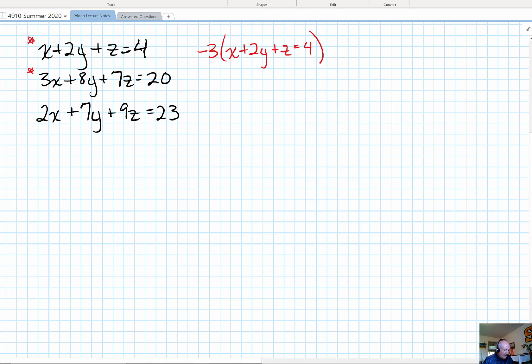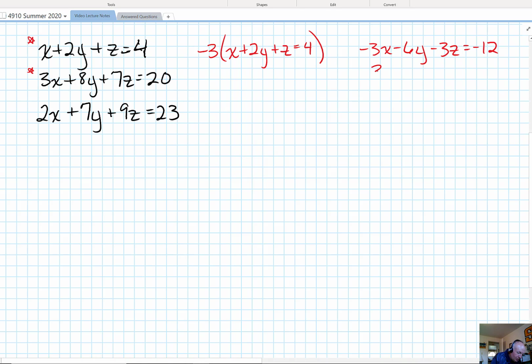Okay, making sure that I copied everything down. I'm going to multiply that entire equation by negative 3, giving me a minus 3x minus 6y minus 3z equals negative 12. And I'm going to add that to the second equation. I could have gone 1 and 3 or 1 and 2. I can pick any 2 I want and eliminate any of the variables.